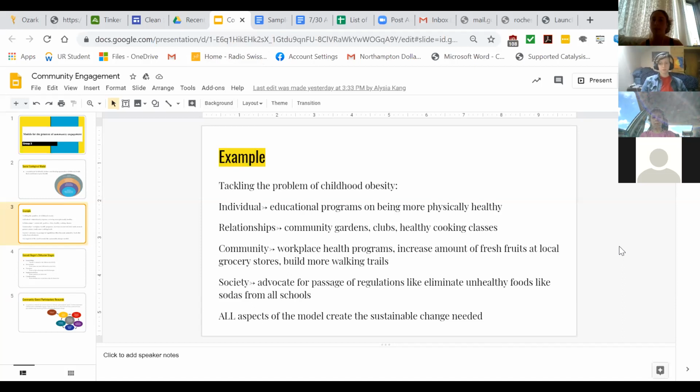It's perceived and impacts each individual differently. And then on a relationship level, we talked about stakeholders briefly. There are different stakeholders in childhood obesity. There's the child, there are the parents, there's the school, the cafeteria where the child eats food.